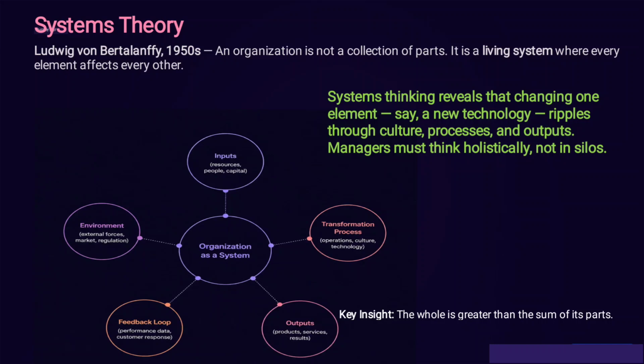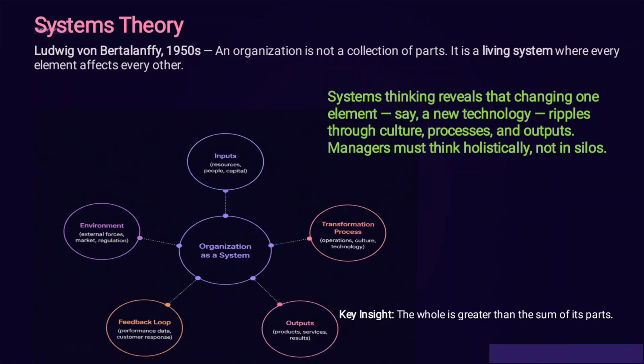Managers must think holistically, not in silos. The key insight of systems theory: the whole is greater than the sum of its parts. And this model represents systems theory, the organization as a system.